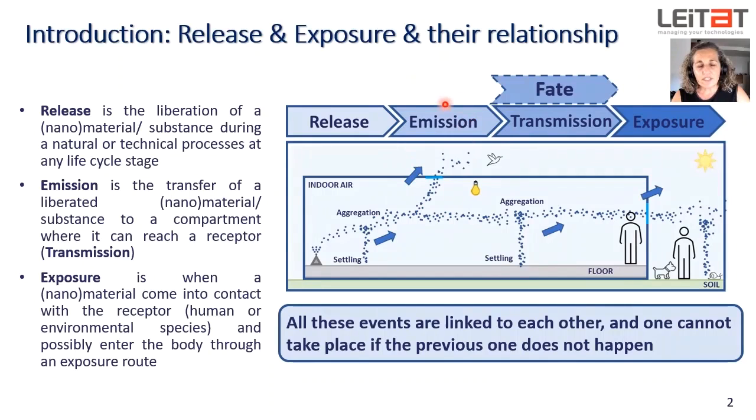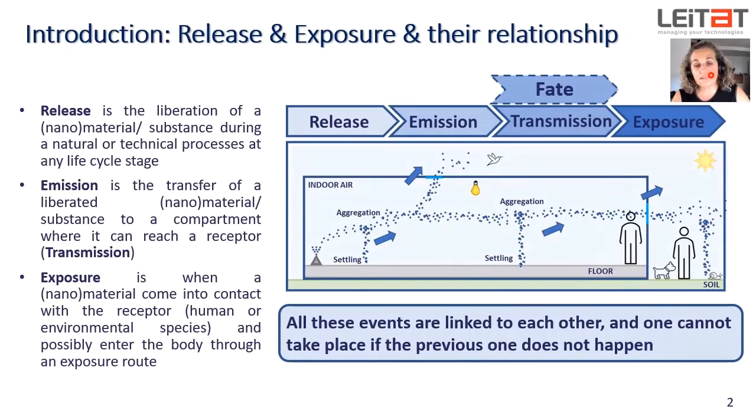During this transmission of the liberated nanomaterials, a lot of transformation and transport of these nanomaterials can happen in the compartment or in the environment, and this is known as the fate processes that take place during this transmission step.